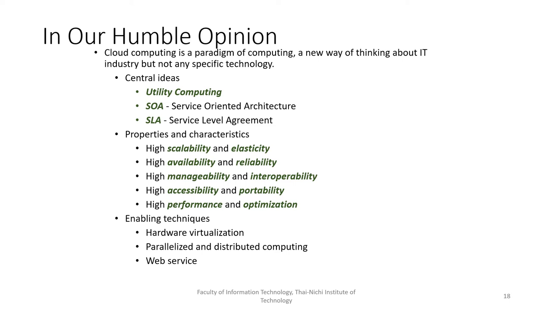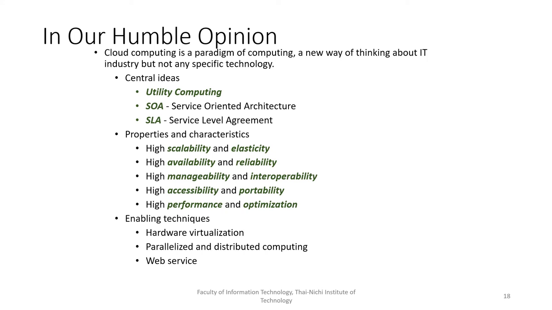That is high elasticity and scalability, high availability and reliability, high manageability and interoperability, high accessibility and portability, and then we have high performance and optimization. And these techniques are enabled using hardware virtualization, parallelized and distributed computing, and web service.